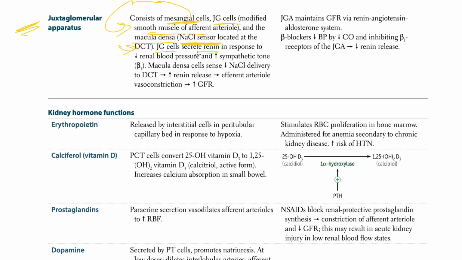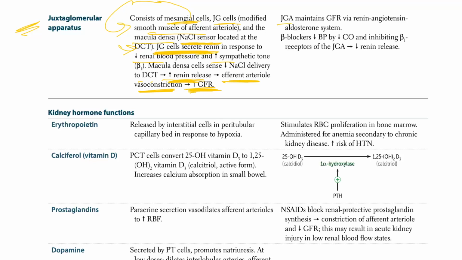JG cells secrete renin. Who secretes renin? JG cells, in response to decrease in blood pressure, increase in sympathetic tone, beta 1, macula densa senses low sodium chloride delivery to DCT, and increase in renin release. So when the renin releases, it causes efferent arteriolar vasoconstriction, increases GFR.